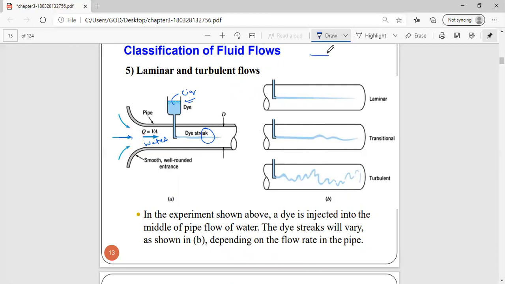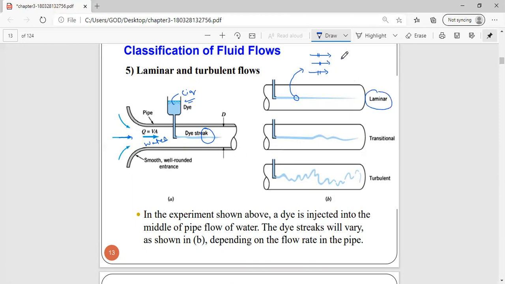I'm discussing laminar first. The fluid particles are parallel to each other. The fluid flows in n number of layers, and all layers are parallel to each other. We call it a laminar flow, simple as that.